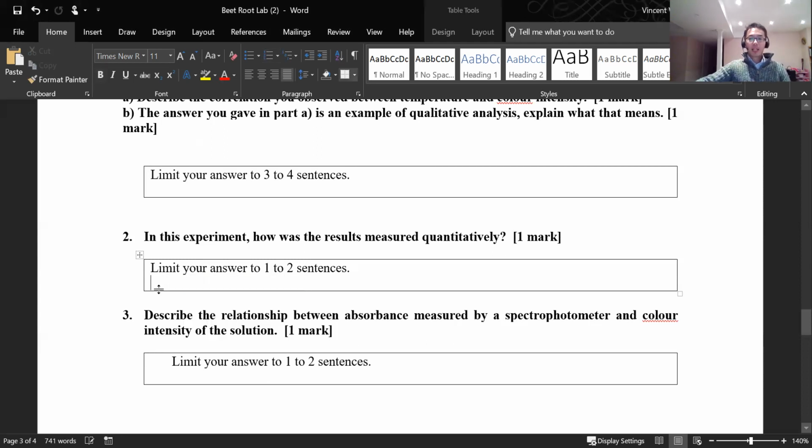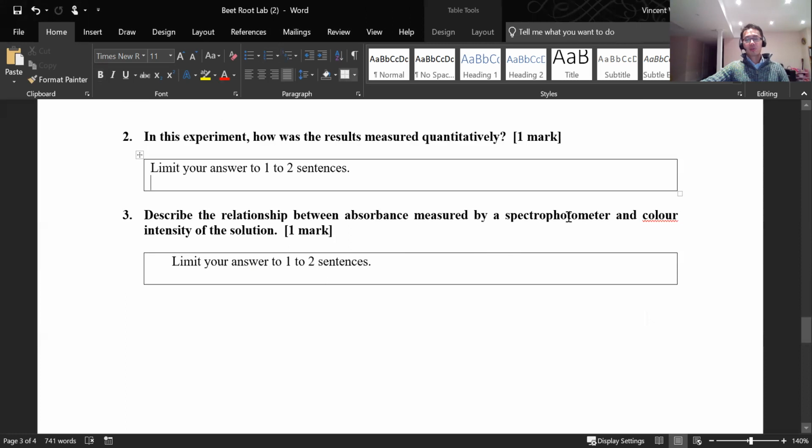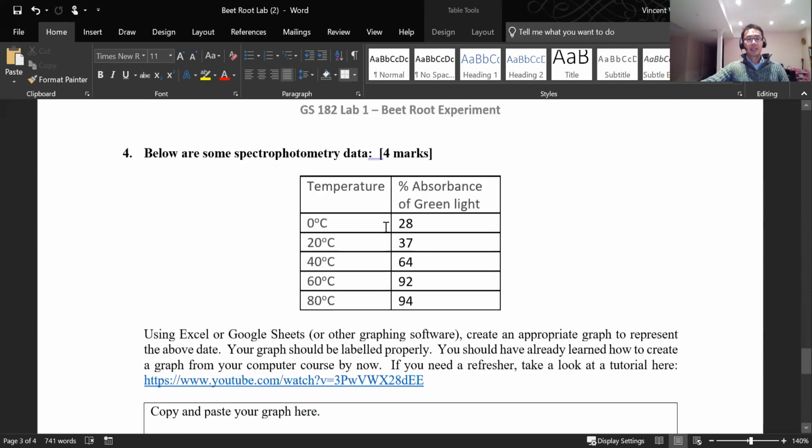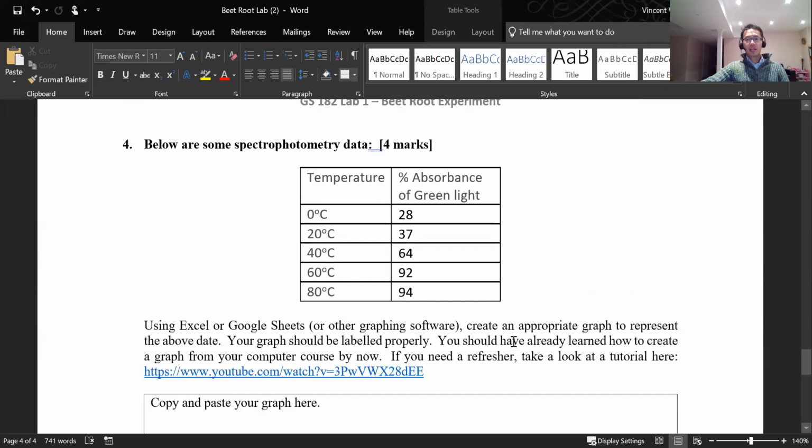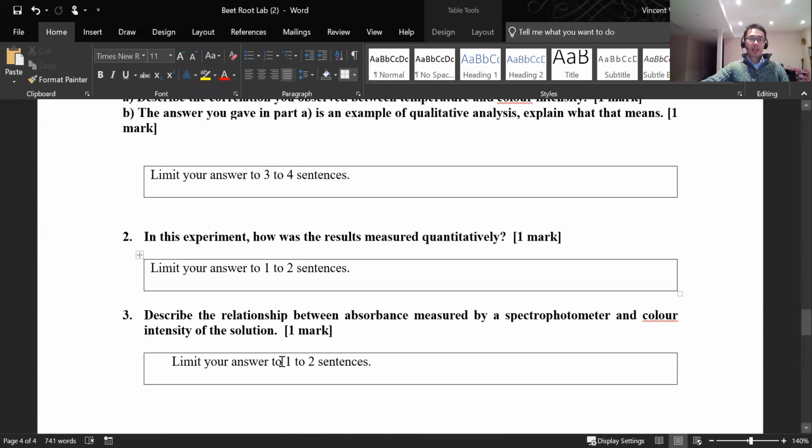Next one, describe the relationship between the absorbance measured by the calorimeter and the color intensity. The higher the color intensity, the higher the absorbance. So the darker the color, the higher the absorbance. The graph was generally done okay. You will lose marks if you didn't label the axes, for example. Oh yeah, I did not take off any marks if you put color emitter.